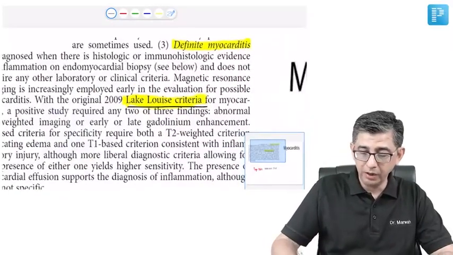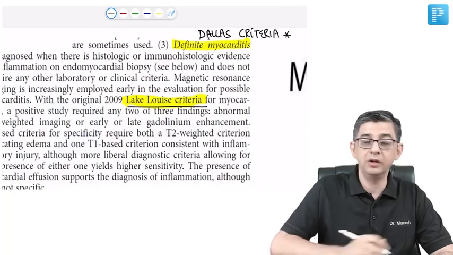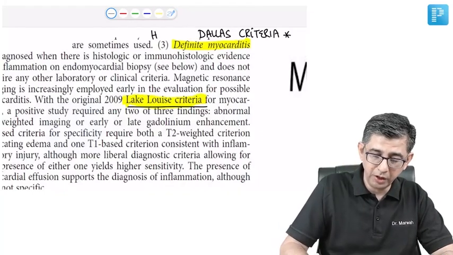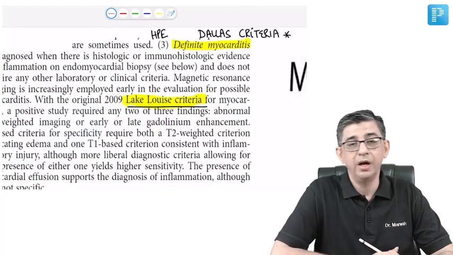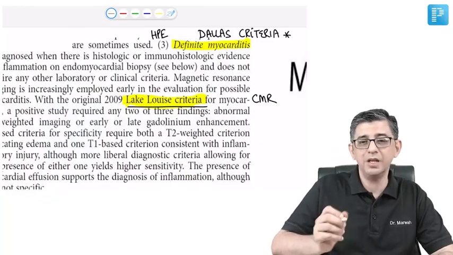But when it comes to pathological identification of myocarditis, there are certain criteria which you need to remember. So the names are important. First of all, Dallas criteria is the histopathological criteria for diagnosis of myocarditis, and Lake Louise criteria are for cardiac MRI. They might write it like CMR.